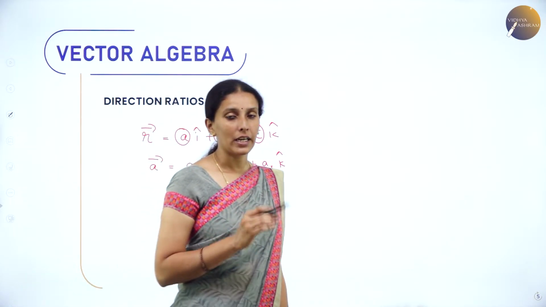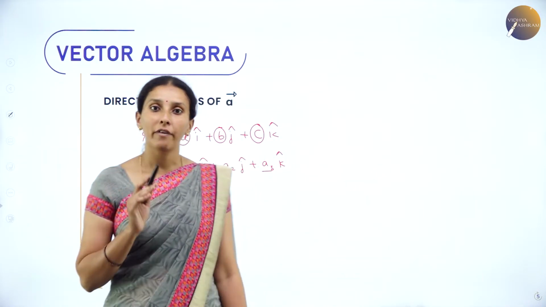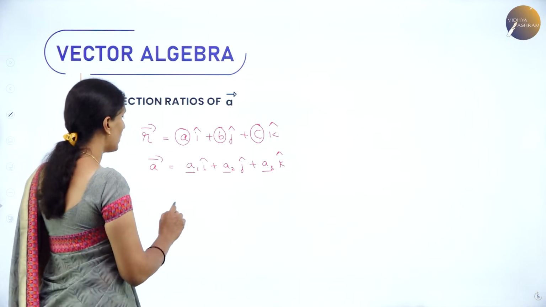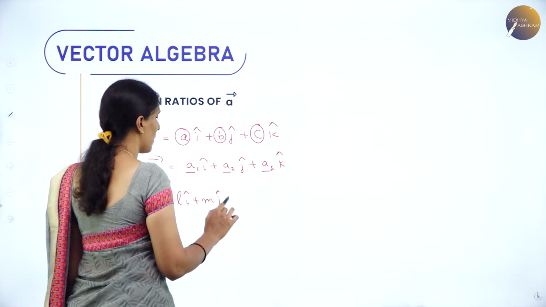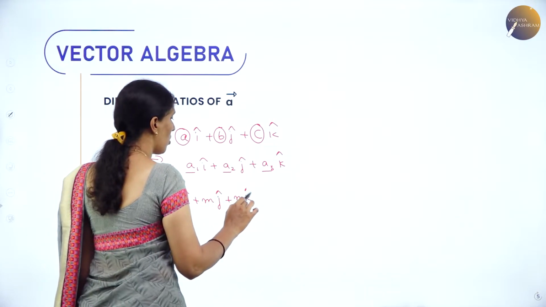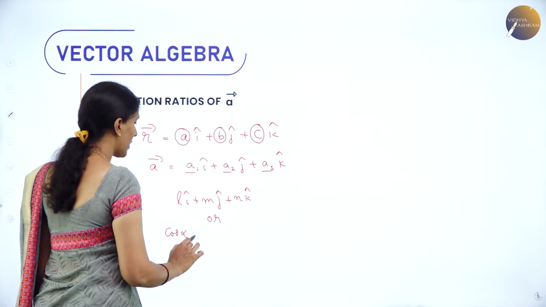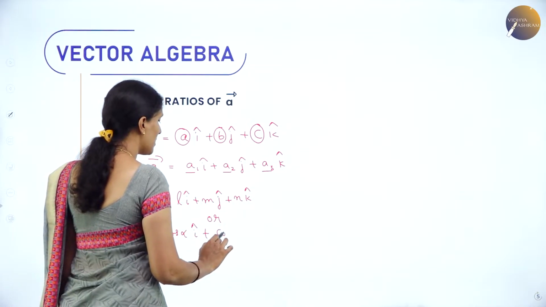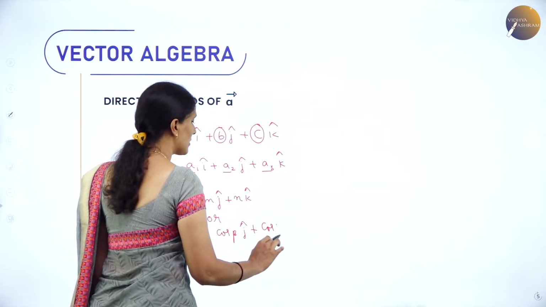Suppose I take l, m, n, that is the direction cosines of vector A. If I write this in the vector form, it is li plus mj plus nk, where l is cos alpha, m is cos beta, and n is cos gamma.